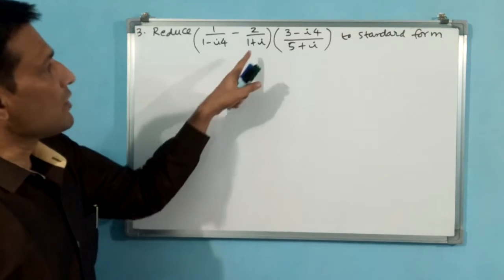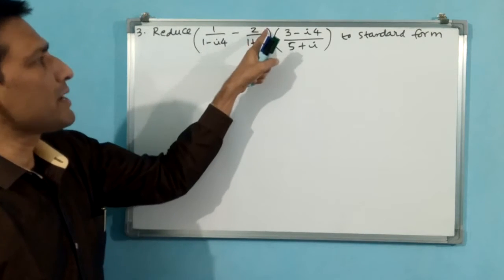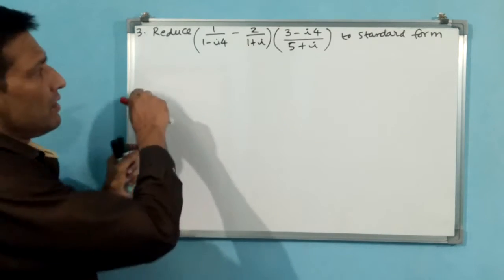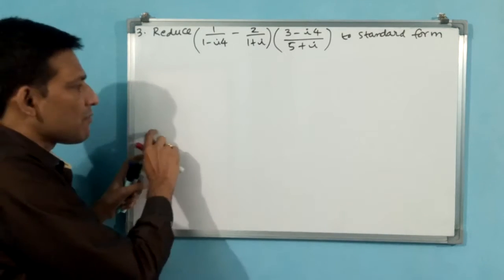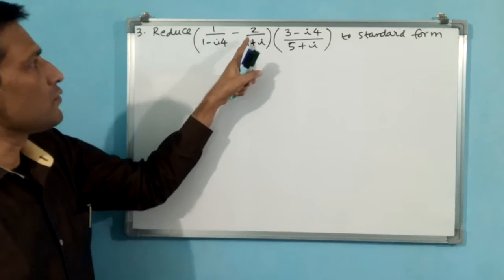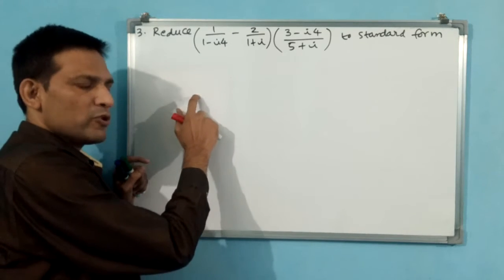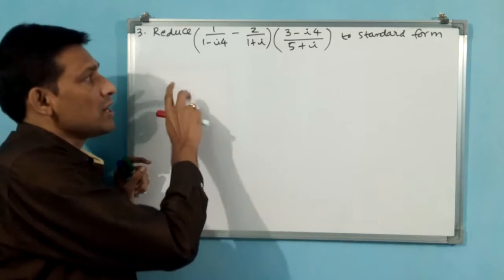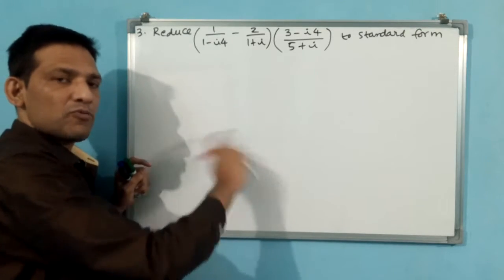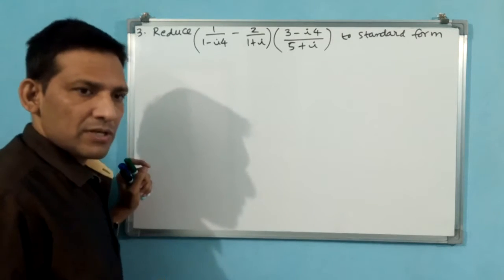You see, what you have to do, you cross multiply: 1 into 1 plus i, 2 into 1 minus i4, divided by 1 minus i4 into 1 plus i. Okay. Top one complex number, bottom one complex number is going to come. Then these four complex numbers are going to become again four only, numerator 2, denominator 2. But afterwards you multiply top 2, bottom 2. Then top and bottom, 1 complex number each, will become.